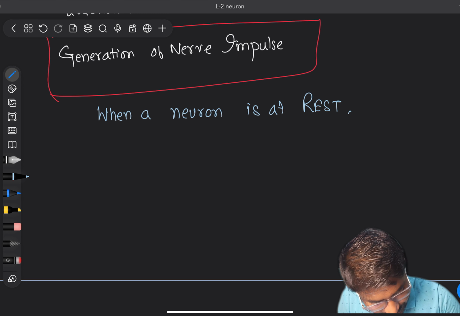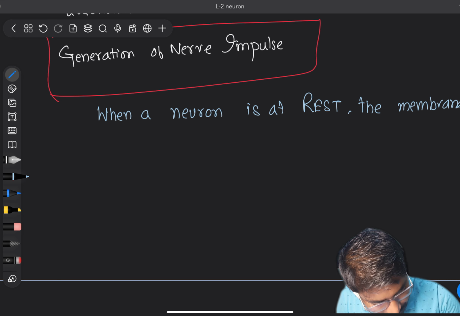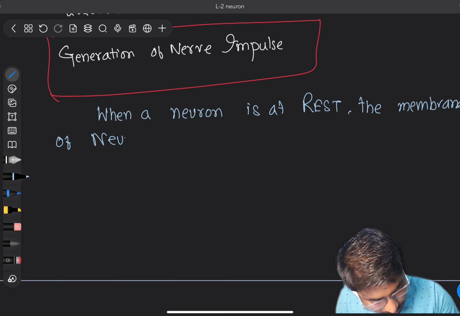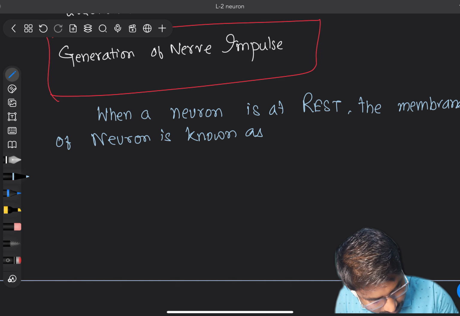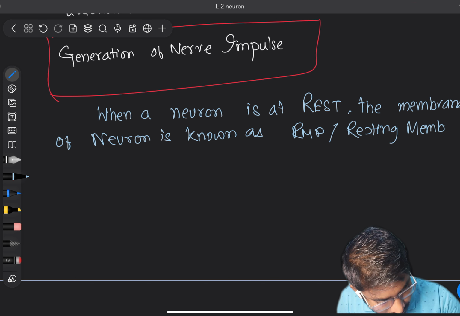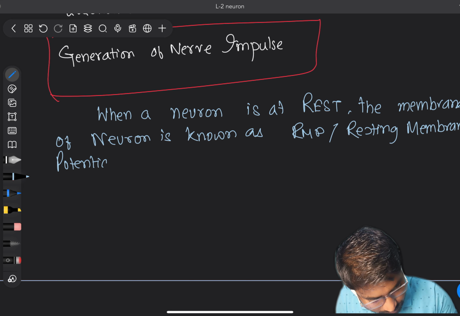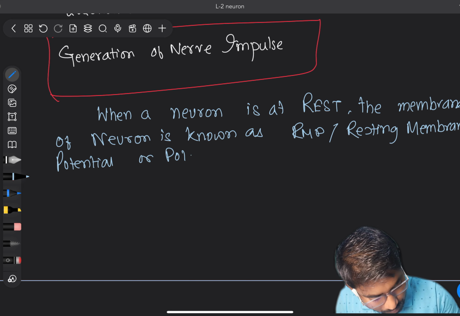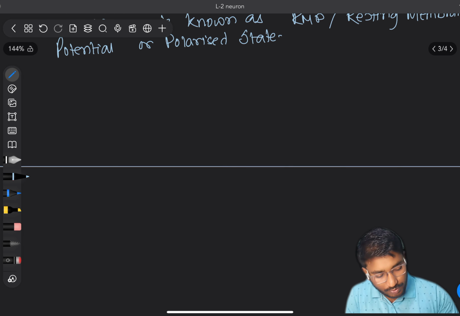When a neuron is at rest, the membrane of the neuron is known as RMP or resting membrane potential, or polarized state.